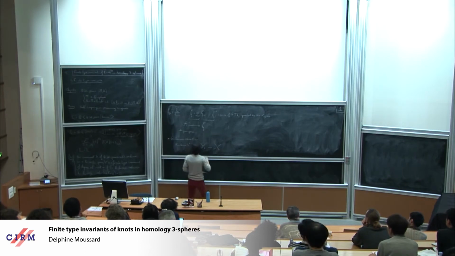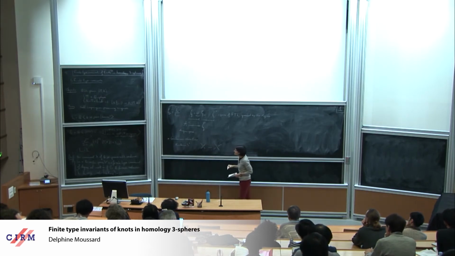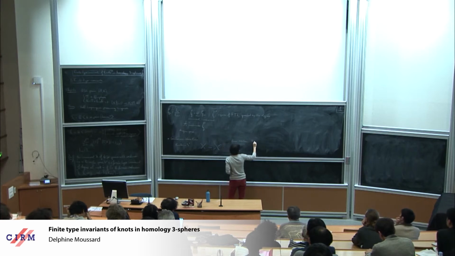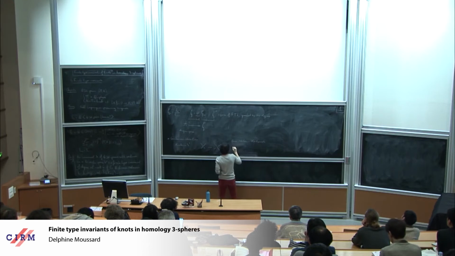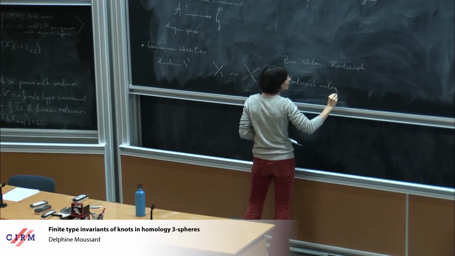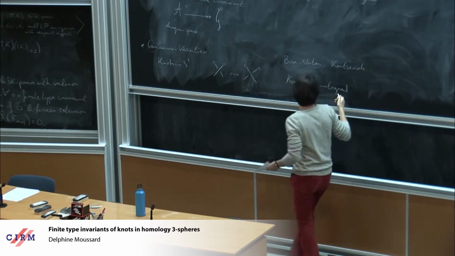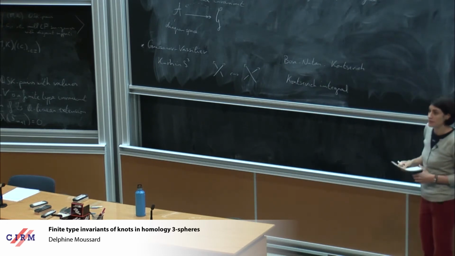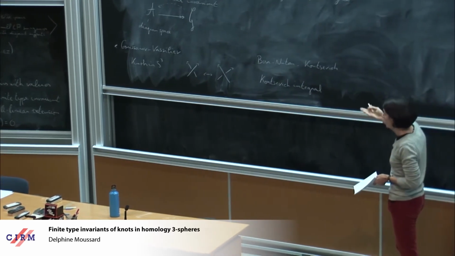And the graded space associated with this theory has been combinatorially described by Bar-Natan and Kontsevich, with as a universal invariant the Kontsevich integral. So the Kontsevich integral is universal among all finite type invariants of knots in S3.